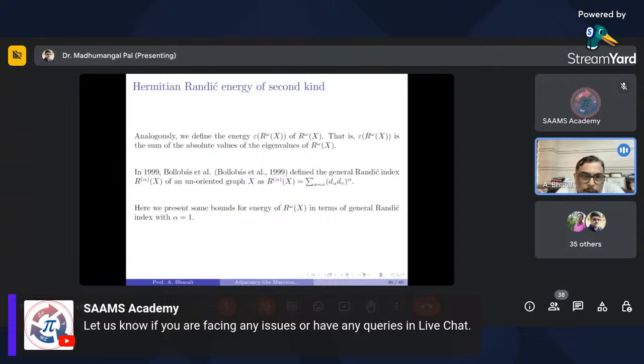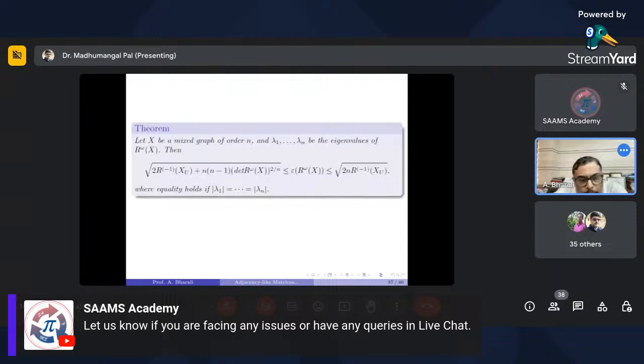And for this Hermitian Randic energy of second kind, we have adopted a similar approach, and the eigenvalues obtained from this Hermitian Randic matrix of second kind, we use them to formulate the energy. These are the results that we have obtained. Here, this energy will be bounded by these two parameters, where R to the power minus 1 of X_u is the underlying graph.